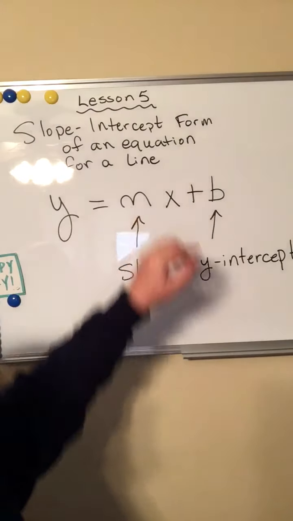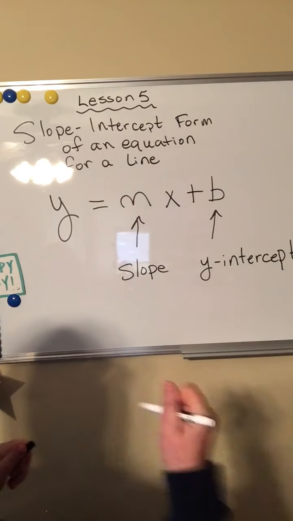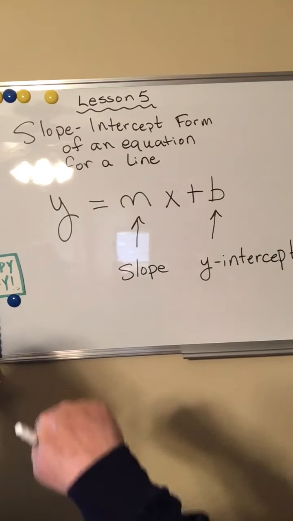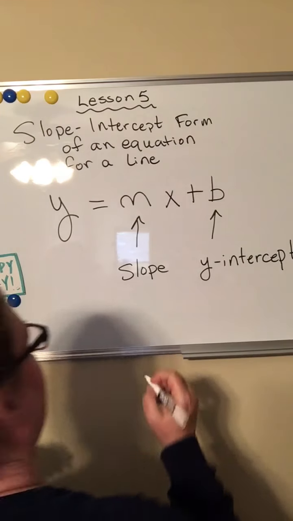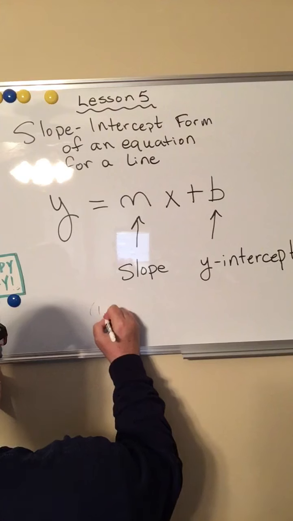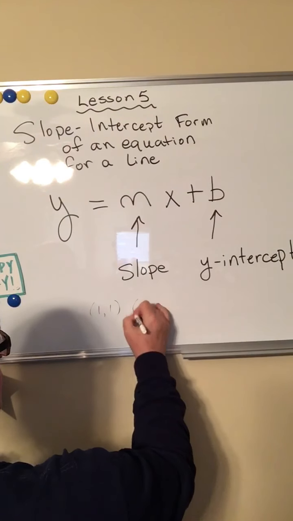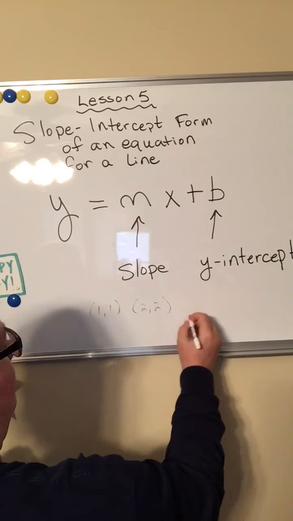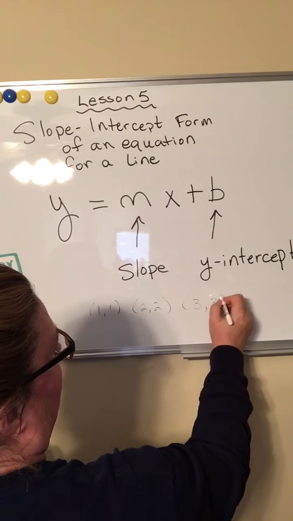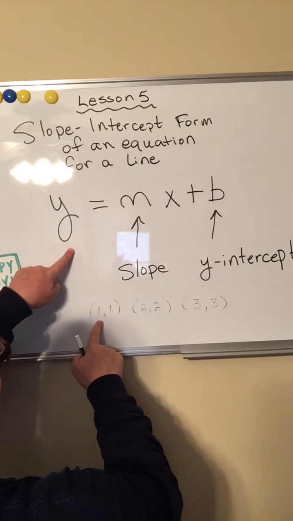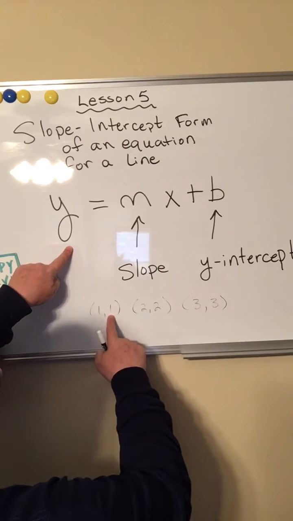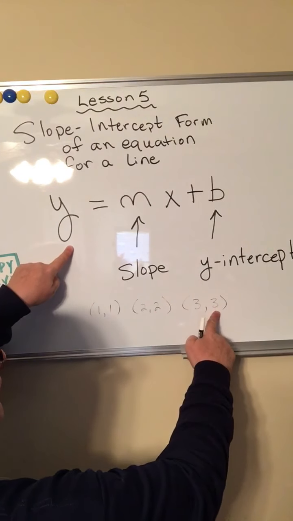The y and the x are the coordinates of every single point on a line. So if you have the point 1, 1, and the point 2, 2, and the point 3, 3, this y could be a 1, or a 2, or a 3.